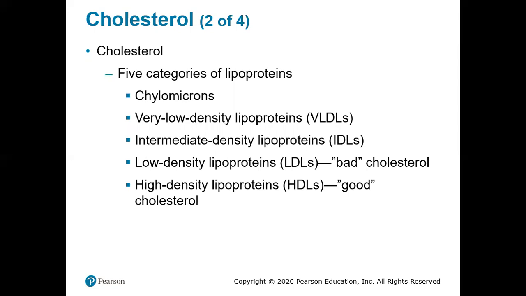So there are 5 categories of lipoproteins. These are detailed in bullet points on page 486 along the left. Chylomicrons, very low density lipoproteins or VLDLs, intermediate density lipoproteins or IDLs, low density lipoproteins or LDLs, referred to as bad cholesterol, and high density lipoproteins or HDLs, referred to as the good cholesterol.